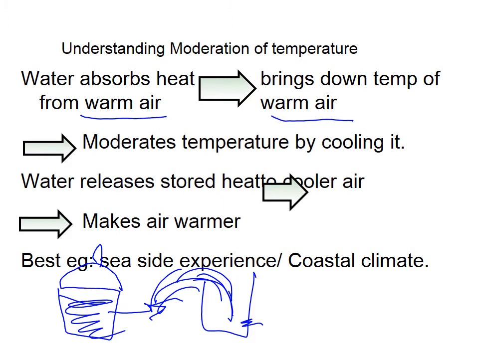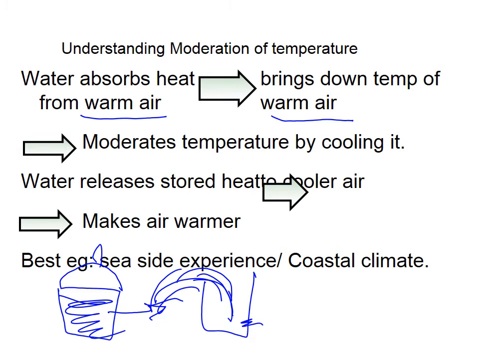Similarly, if you have a very heated area and you're close to a water body, the heat emanating from that heated area goes over the water, and the water absorbs all that heat, which brings down the temperature of that warm air.